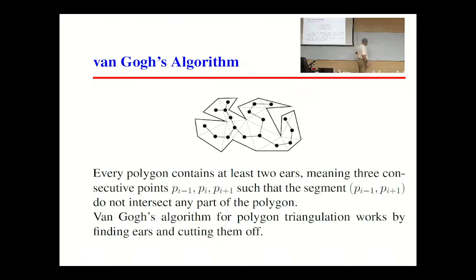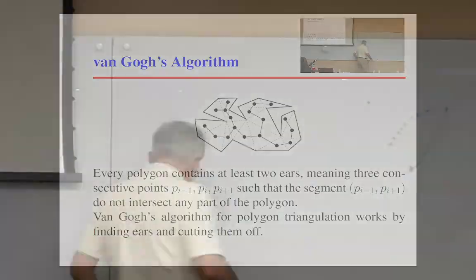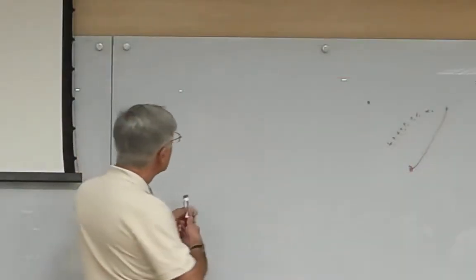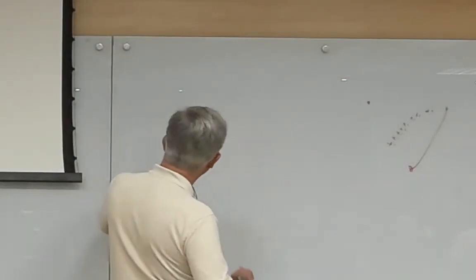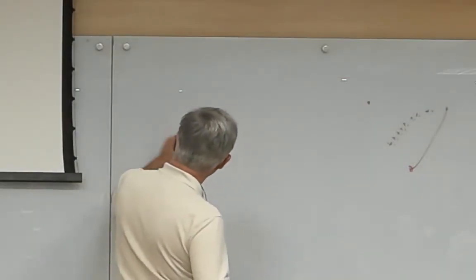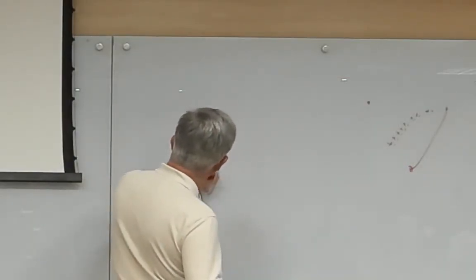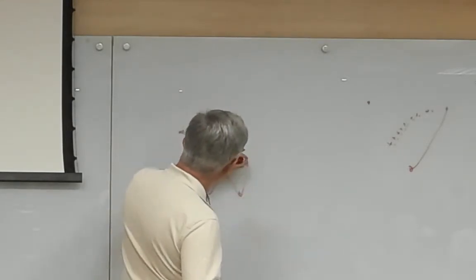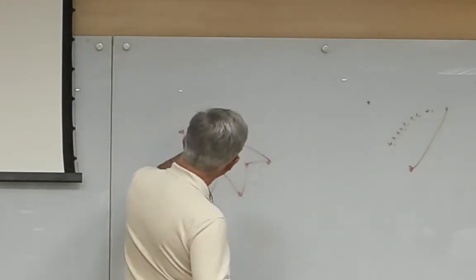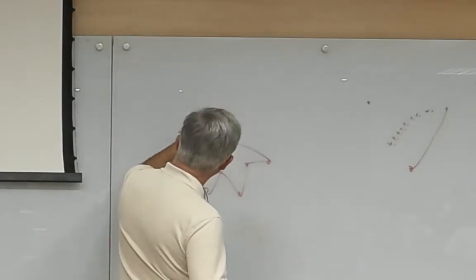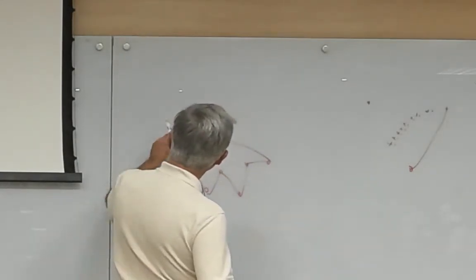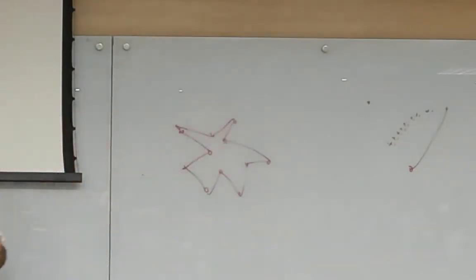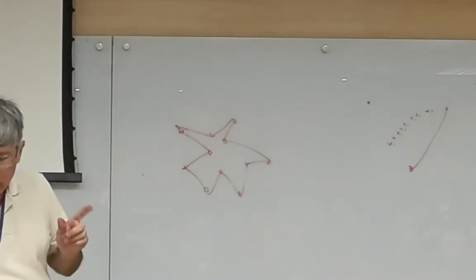Suppose, let's say, instead of a point set, I give you a polygon. Okay? A polygon, remember, had vertices. They were connected in a chain. Let's put this like here. How do we triangulate the region inside this polygon?